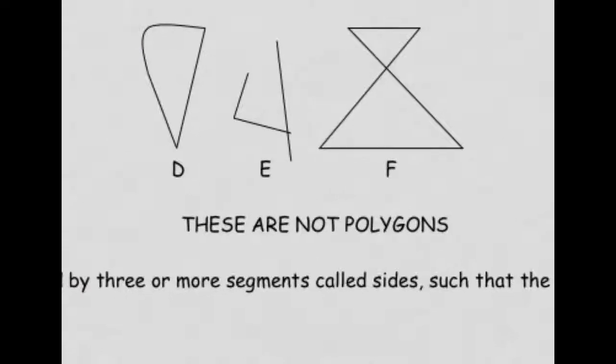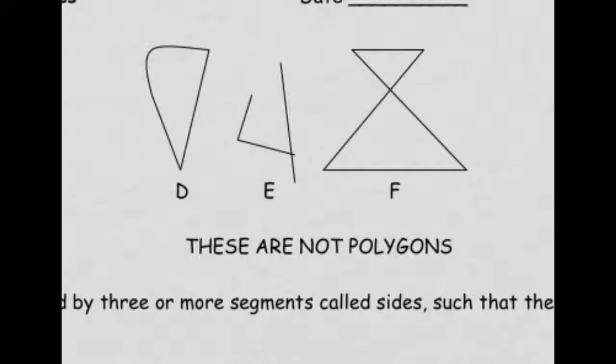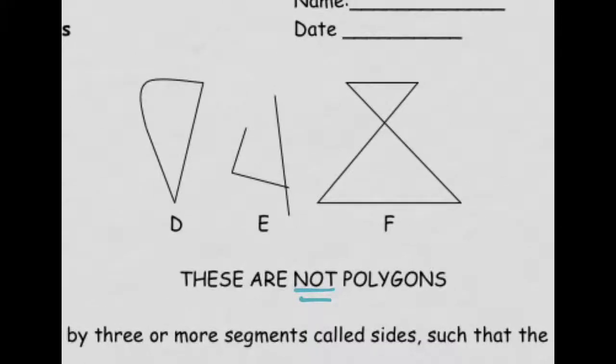Let's look at the ones that are not. Okay, these are definitely not polygons. With polygons, you shouldn't have any curves. We do not want curves on our polygons. But what about gaps? Do we want gaps in our polygons?